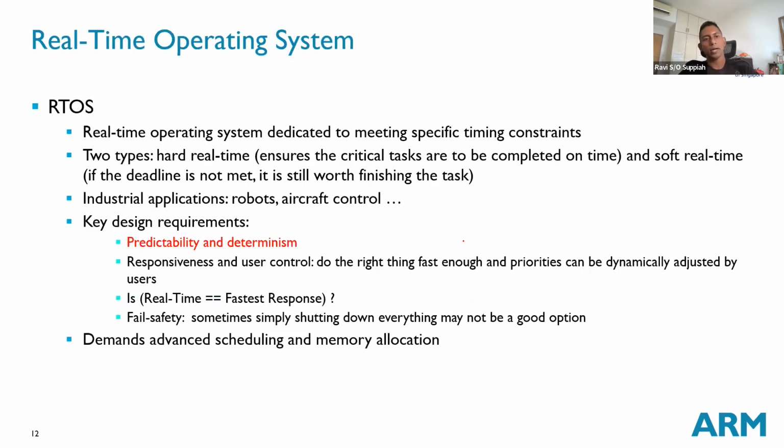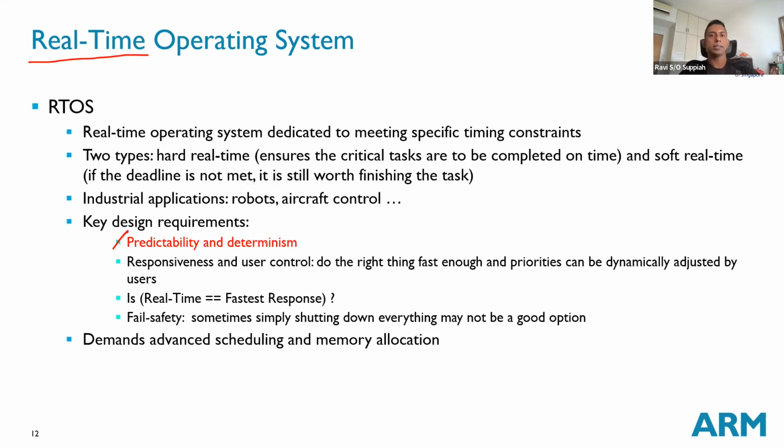All right, so the whole idea of a real-time operating system. The main difference between operating system and real-time operating system is basically this keyword here. So what is real-time? When you say real-time, there's two things to it. One is predictability, and the other is determinism.